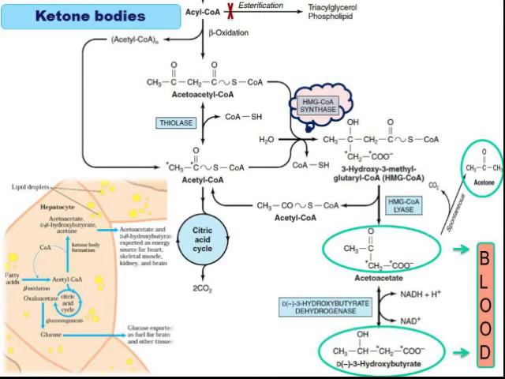Acetoacetate, 3-hydroxybutyrate or beta-hydroxybutyrate, and acetone produced during a high rate of fatty acid oxidation are collectively known as ketone bodies and are used as energy packets during glucose deficiency in the body. Ketone bodies are soluble in water.